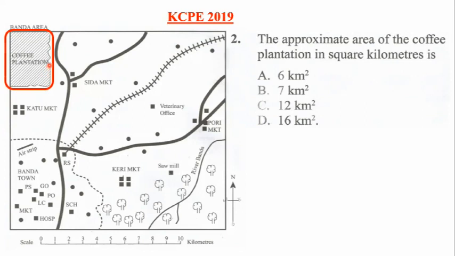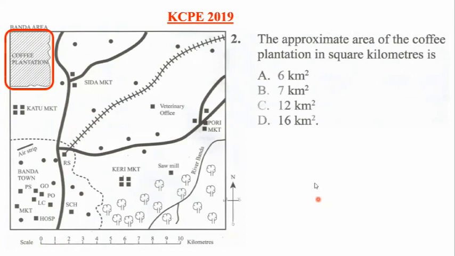We are predicting that one to come again. So what we say is, take the measurement using a piece of paper, mark the starting point, come to the end point, go to the scale, take the reading, and write it somewhere. Step 2, go to the width, take the reading using a paper, then take the reading to the scale on the map, write it somewhere, then work the sum out. If you work it out, you'll be able to find the answer.